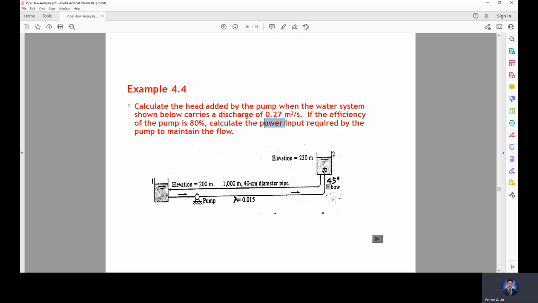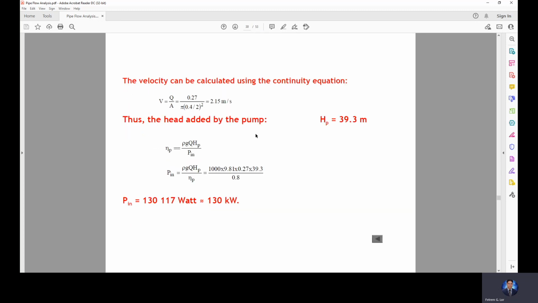Okay? So power input of the pump. So pila man kunay power input, pilay electric power input if the pump is operating at 80% efficiency. So this is the efficiency of the pump. This is actually the output. This is the output at the top. This is input at the bottom.